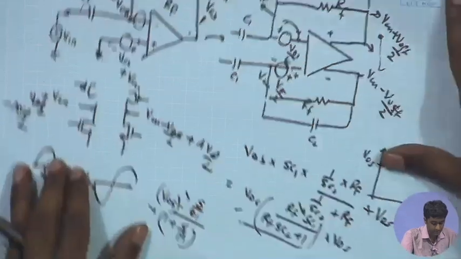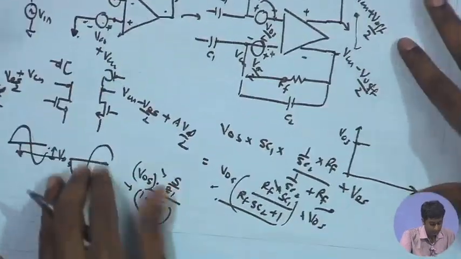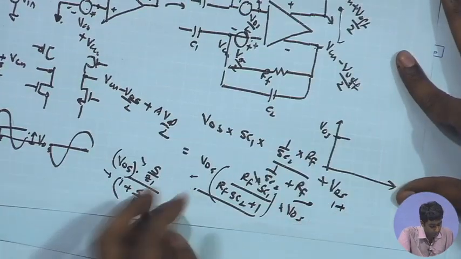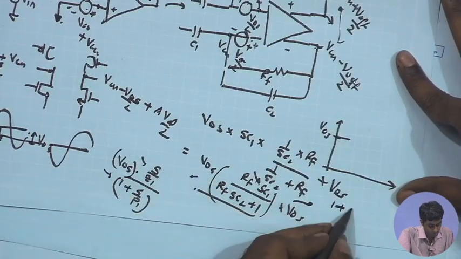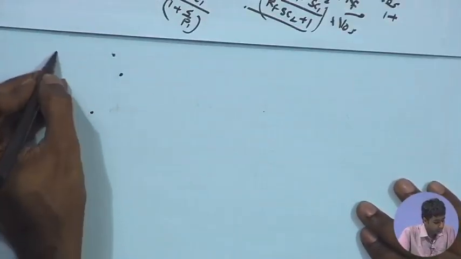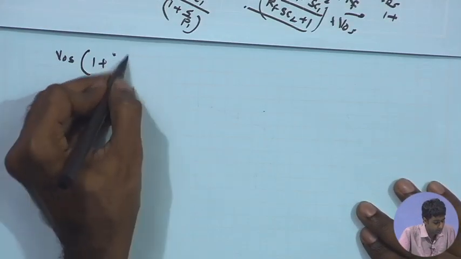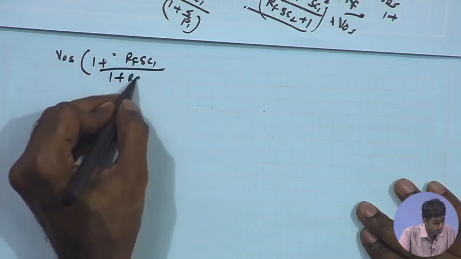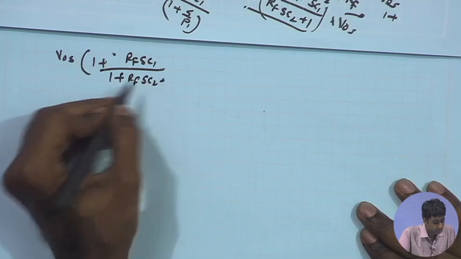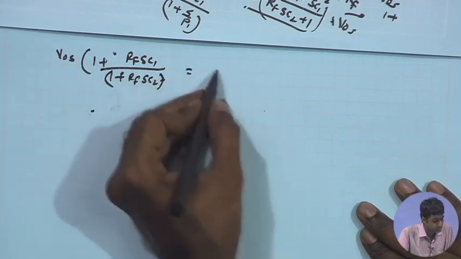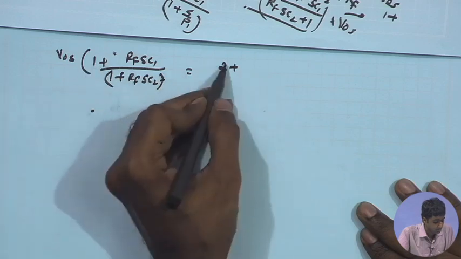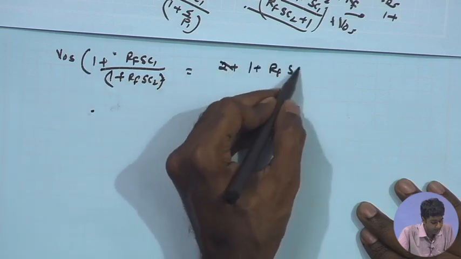So, you have the overall transfer function coming as V offset times 1 plus RF SC1 upon 1 plus RF SC2, plus 1, and as a result, under the denominator I get 1 plus RF SC1 plus RF SC2 upon 1 plus RF SC2.